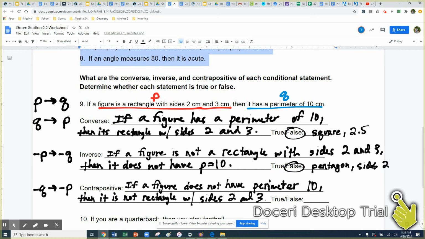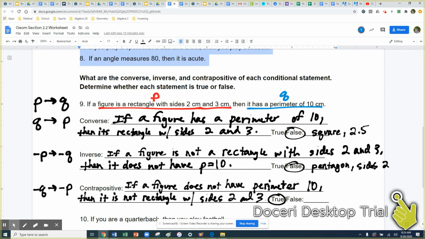So in this statement, we're saying that the figure cannot have a perimeter of 10. So is it not then a rectangle with sides 2 and 3? So if we eliminate the perimeters of 10, then yes, we're not dealing with a rectangle 2 and 3. That one is going to be a true statement.